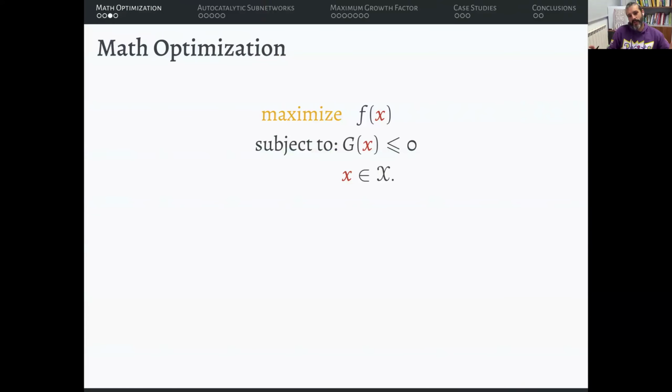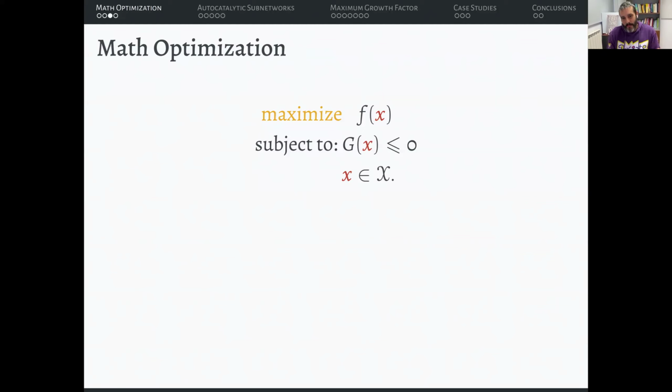So this is the shape of a math optimization problem in general. We represent our measure of how good a solution is as a function f, and we have constraints modeling my restrictions for the decision I want to make, and then I have a space where the decisions are to be chosen. This is a classical optimization problem.